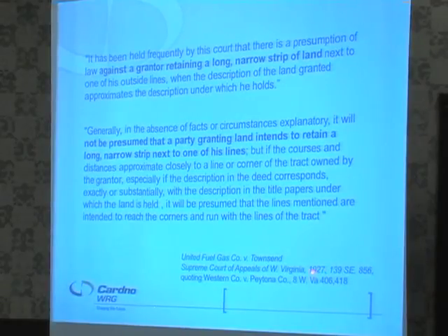It's reported, this decision is recorded in SE, which is Southeast Reporter. A reporter is a bound document that collects all these appeals decisions together and publishes them on a regular basis. And you will find that it is in book 139 of the Southeast Reporter, and this case starts at page 856. This decision, interestingly, is actually quoting from Westco, Western Company, versus Peytona Company.